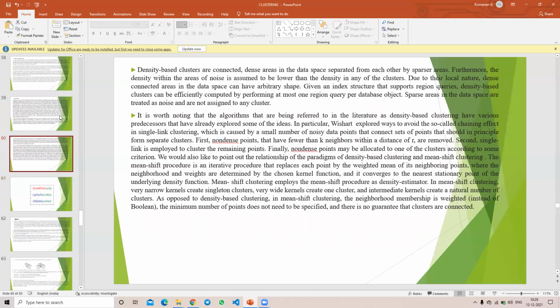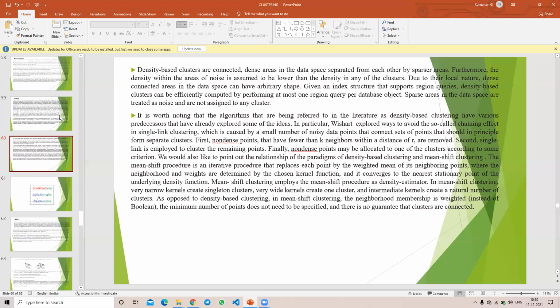Density-based clusters are connected dense areas in the data space, separated from each other by sparser areas. Furthermore, the density within the areas of noise is assumed to be lower than the density in any of the clusters. Due to their local nature, dense connected areas in the data space can have arbitrary shape.